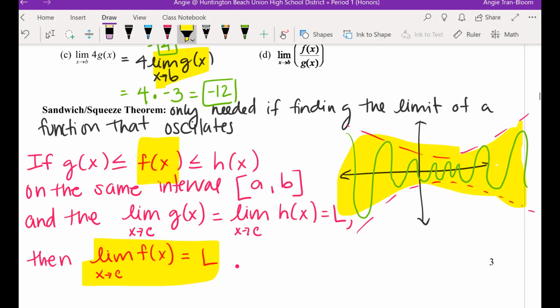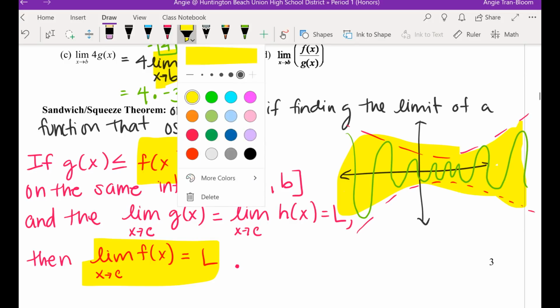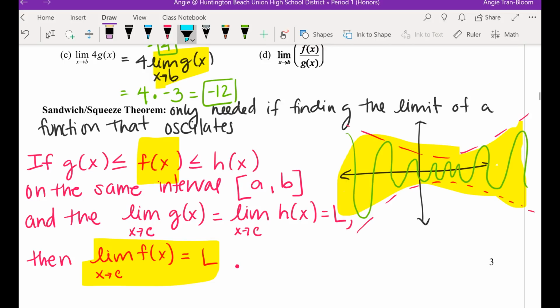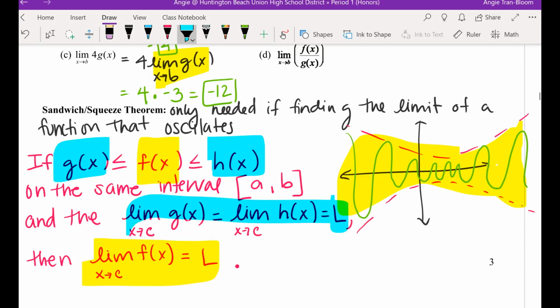So we use the sandwich theorem. What we're saying is that if the right side and the left side are identical in their limits, let's call it L, then the limit of the middle has to also be the same because it's being squeezed, because it's in the middle of the same value. So that's what we're going to say for the sandwich theorem.